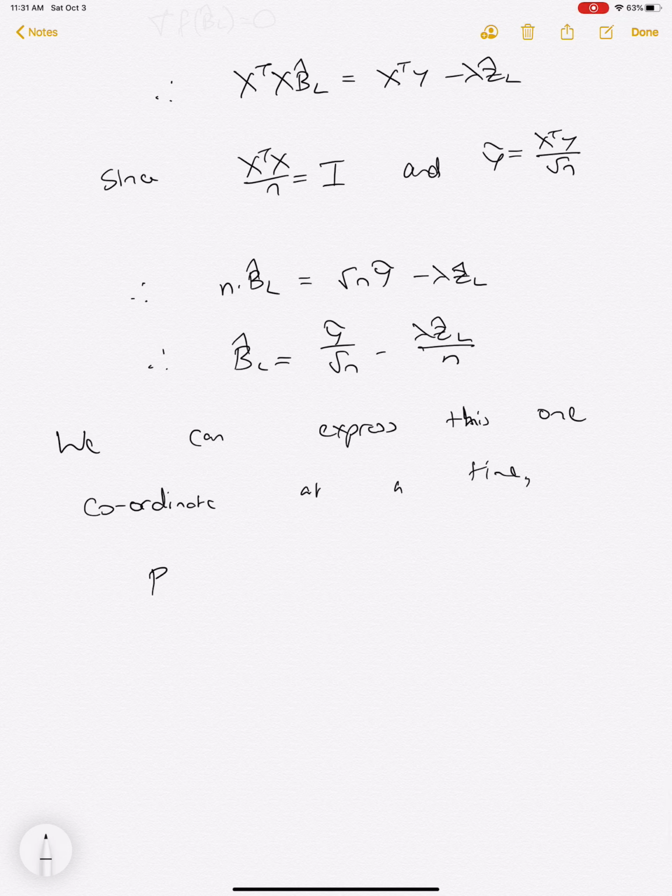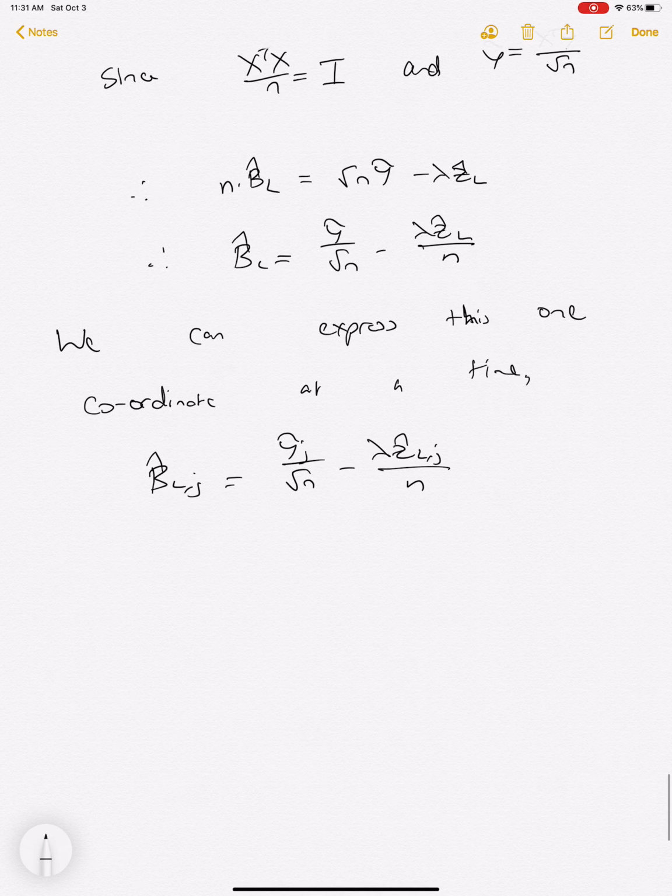So beta hat Lj is just z hat Lj over n. Okay, and so what that means is that if beta hat Lj is bigger than 0, then we know that z hat Lj is equal to 1.